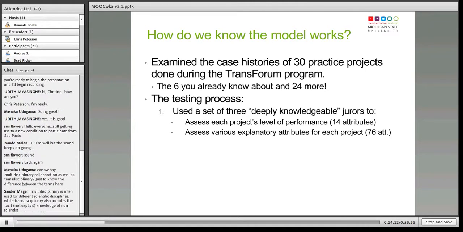We then grouped the 30 projects into performance quartiles, ranging from the highest performing projects to the lowest performing projects.